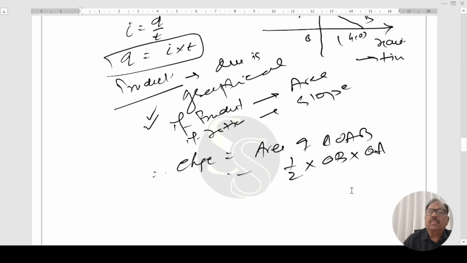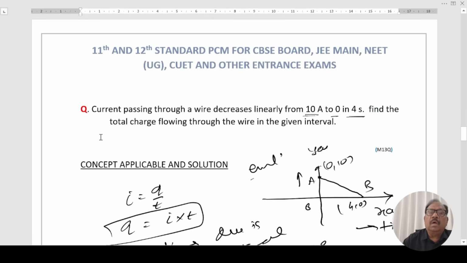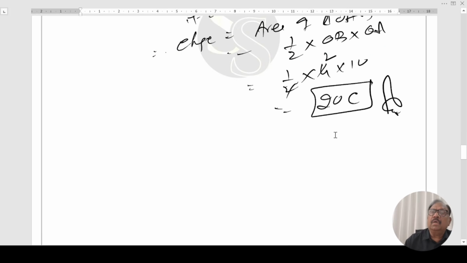That is half into 4 into 10. This comes out to 20. 20 Coulomb is the answer. What is the requirement? Find the total charge flowing through the wire in the given interval. That is the answer. Right? Next question.